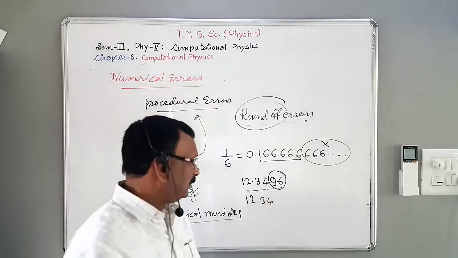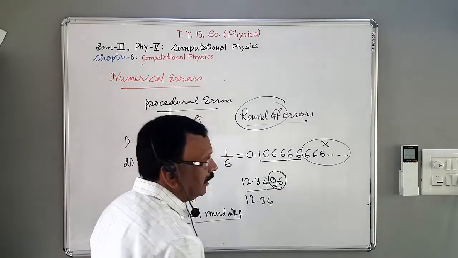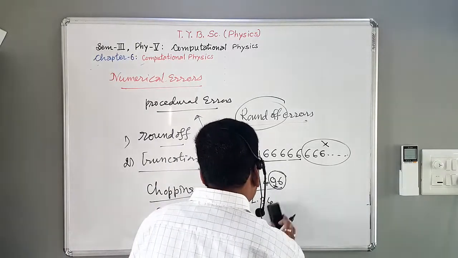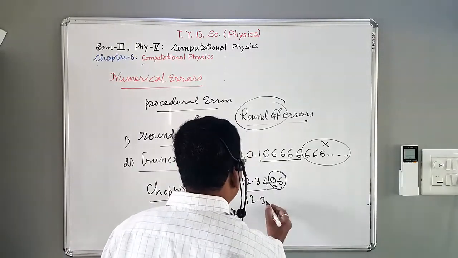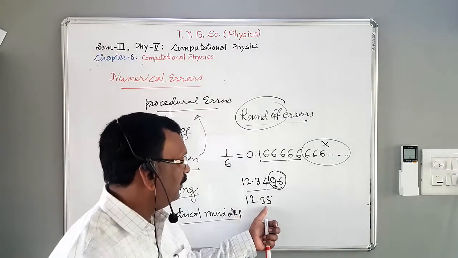That means here, if 9 is greater than or equal to 5, then we can write the symmetrical round off as 2.35.